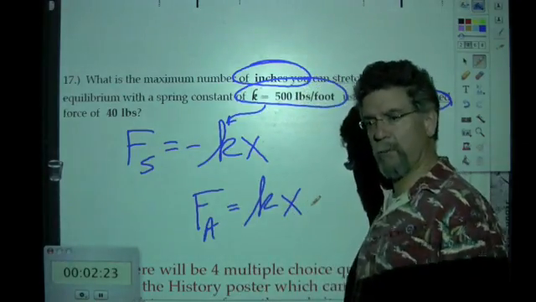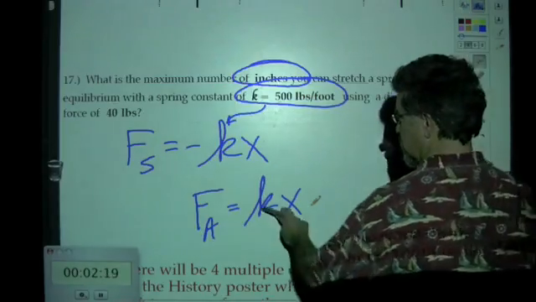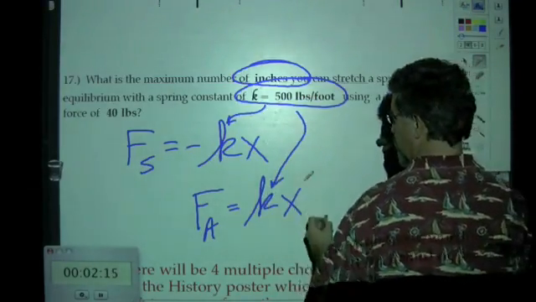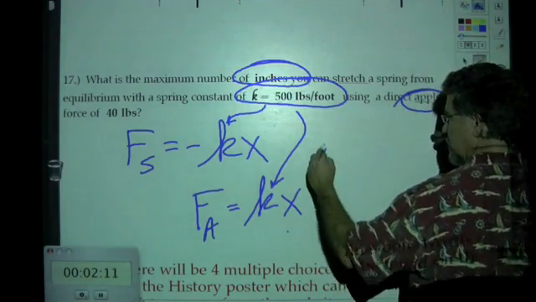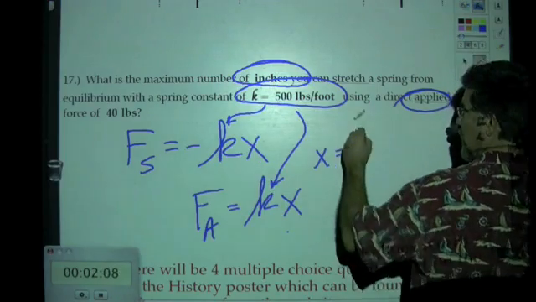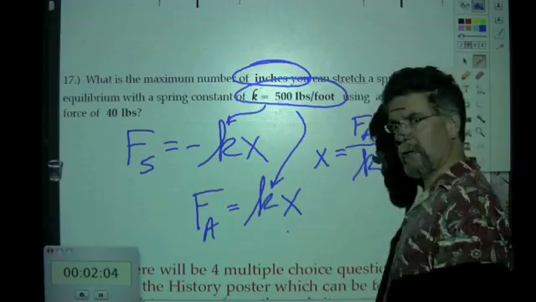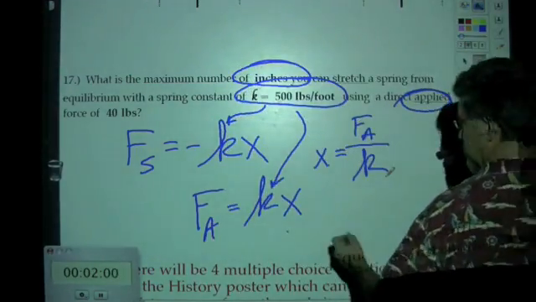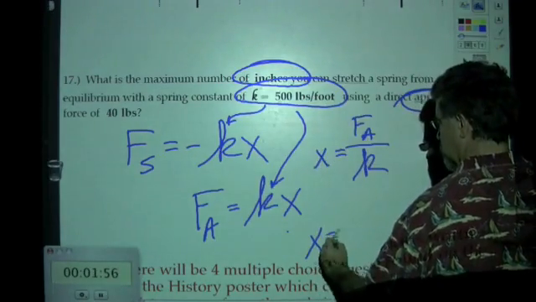Our first time we put the weights, we were doing an applied force. So it looks like I'm going to use this equation. So applied force of 40 pounds. So I'm going to have, I agree, x is going to equal Fa over K, but now you get all these crazy units, inches, feet, that kind of thing. So you've got to watch out. I didn't work this one, it looks like, so I'll at least plug in the numbers.